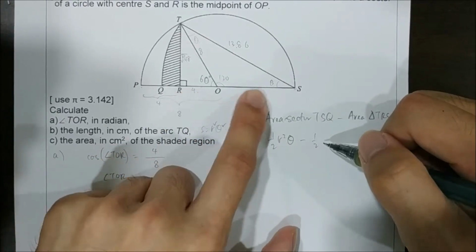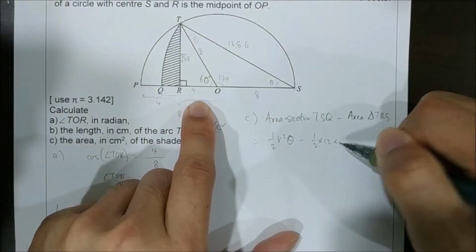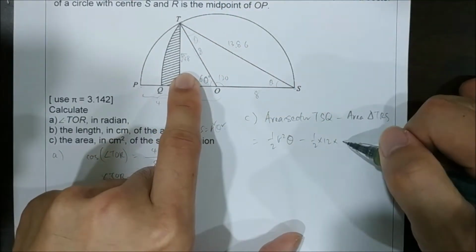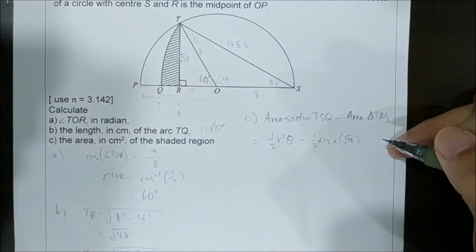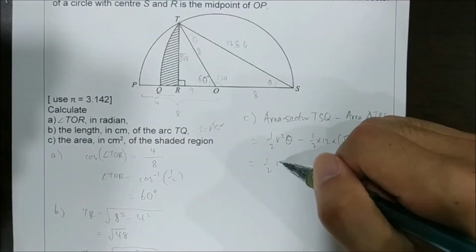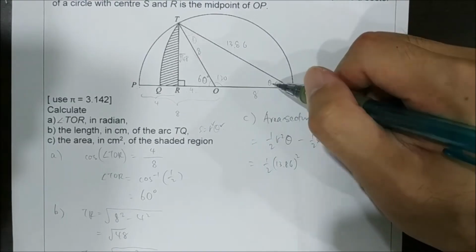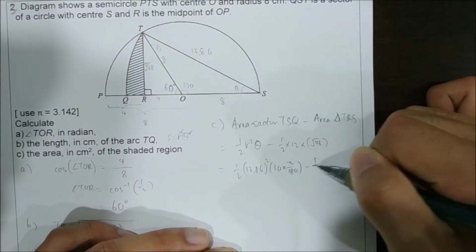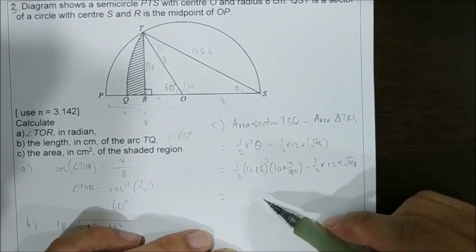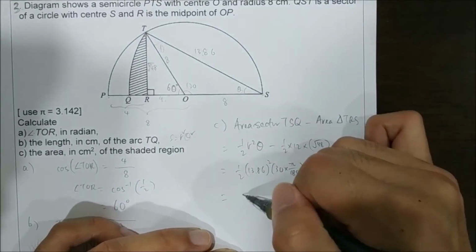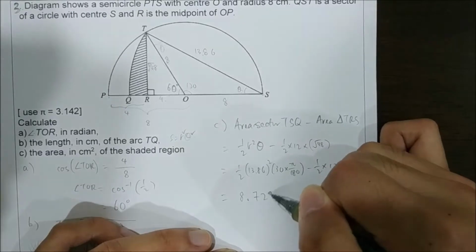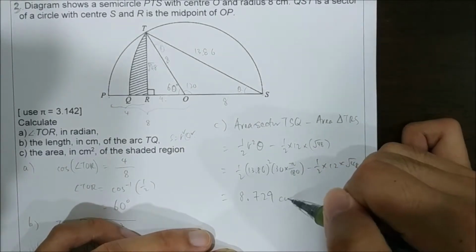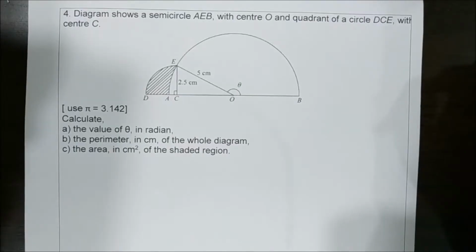So the base here is 12. Height will be the square root of 48. .729 centimeter squared.